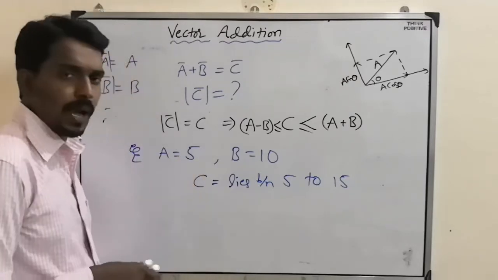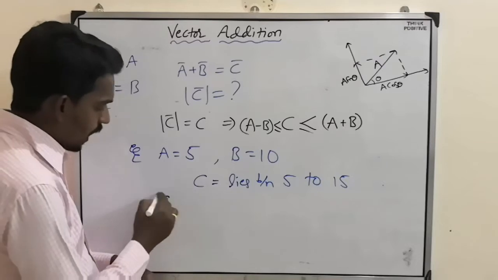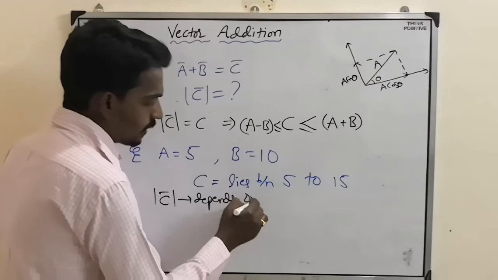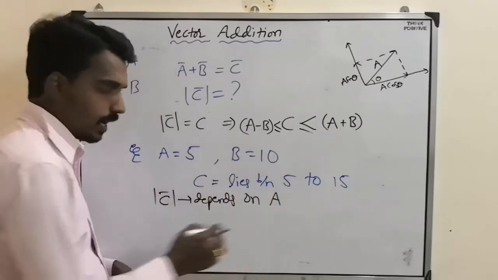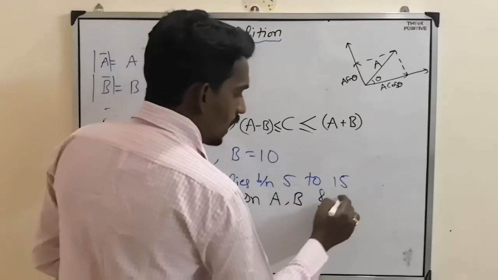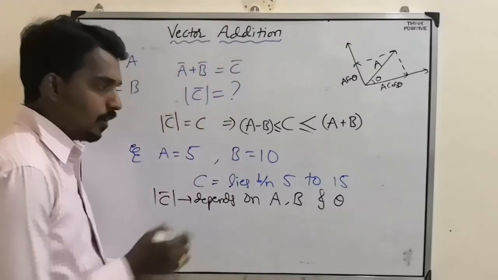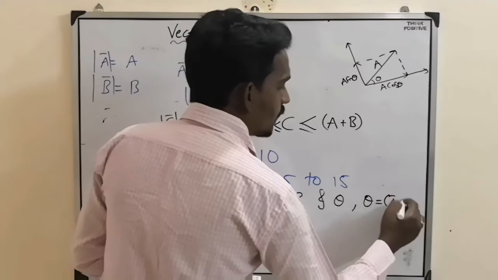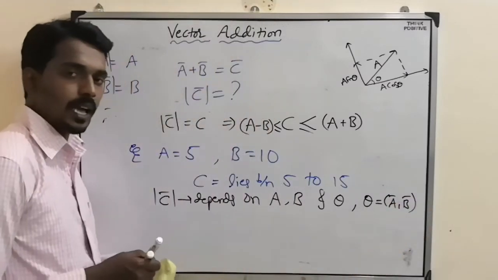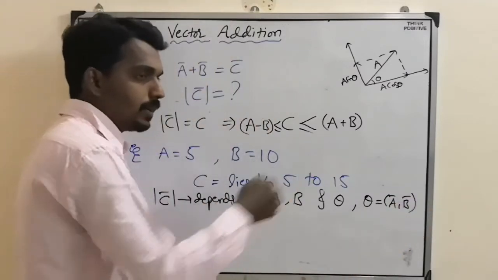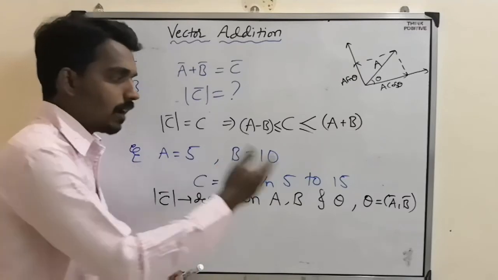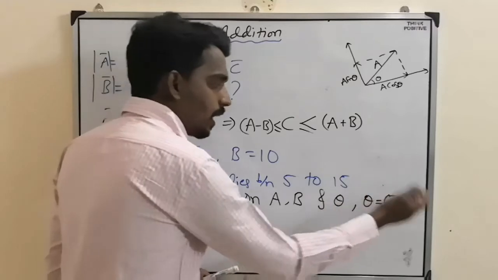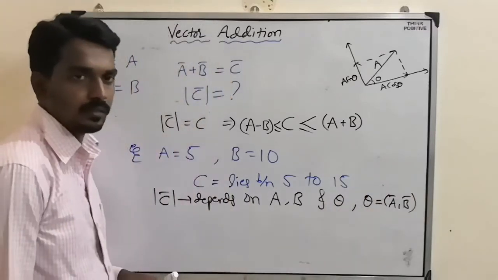The magnitude of C bar depends on the magnitude of A, the magnitude of B and theta, where theta is the angle between A bar and B bar. I mean the direction of A bar and the direction of B bar.